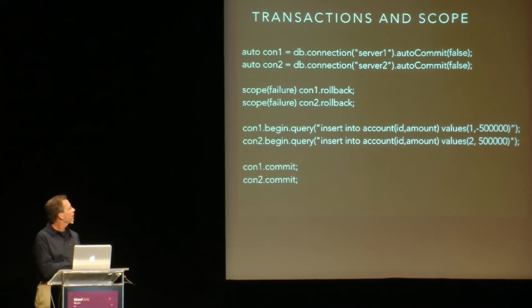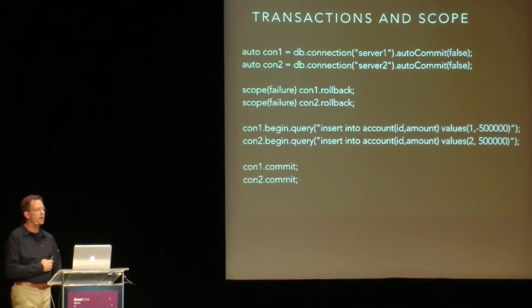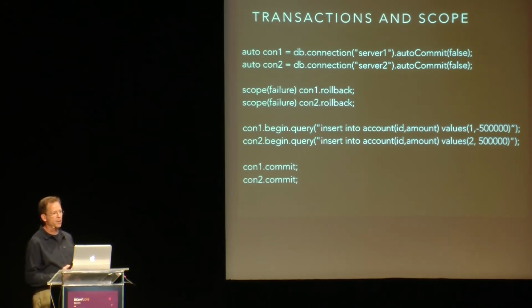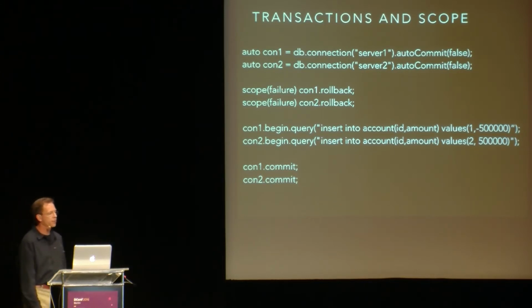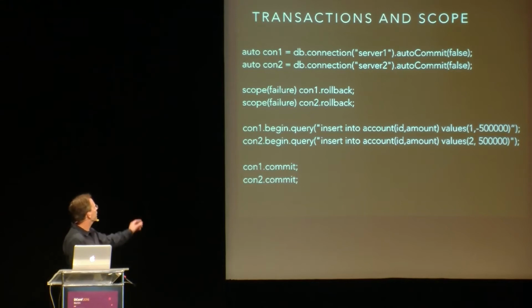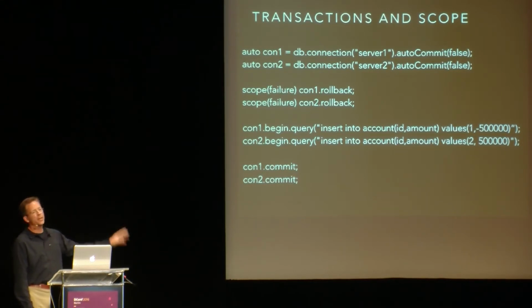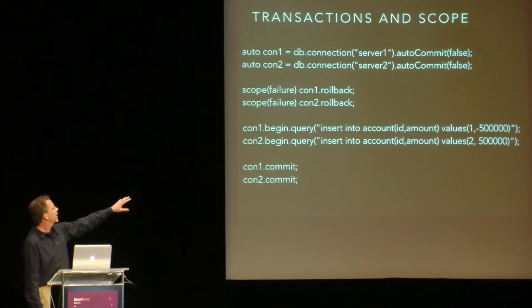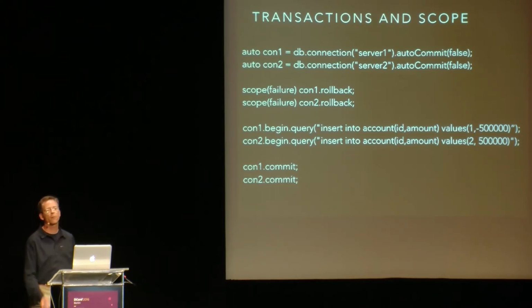What this is showing here, I think, is one of the ideal uses of scope. It may have even been one of the original ideas for why it was created, in the sense that what you're trying to do here is have clean code that's going to handle the state properly. In other words, if both of these queries succeed, then they're going to commit. If either one of them fail, you want to roll both back.